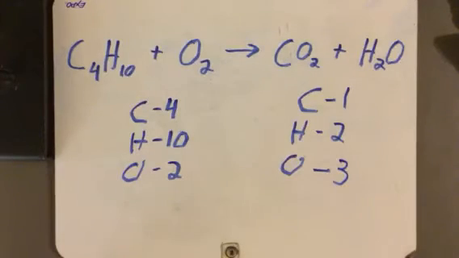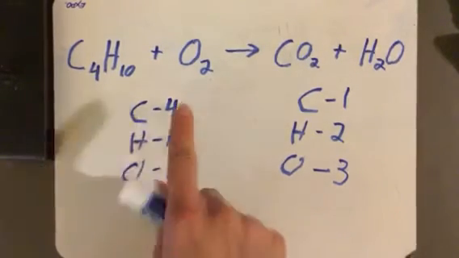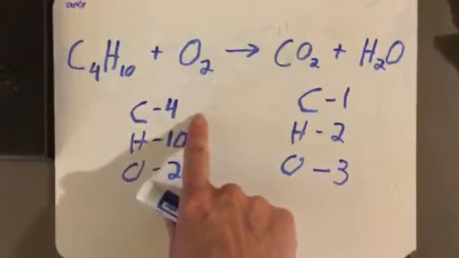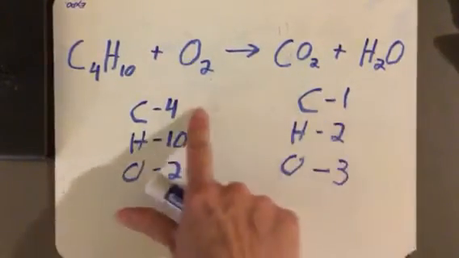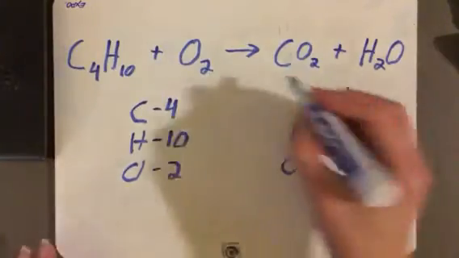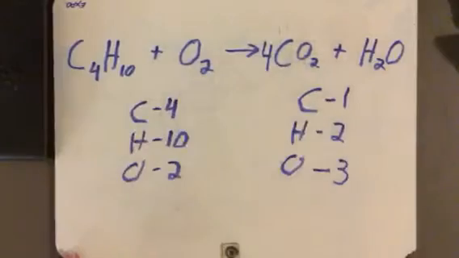Okay, you'll notice that this time we're going to have to do some more multiplication. It's not going to simply be a 1 number and we're done. Start with the carbon, always. When you have this kind of reaction, always start with the carbon. In order to get them the same, I need to take this times 4, which means I need to multiply this compound up here times 4.